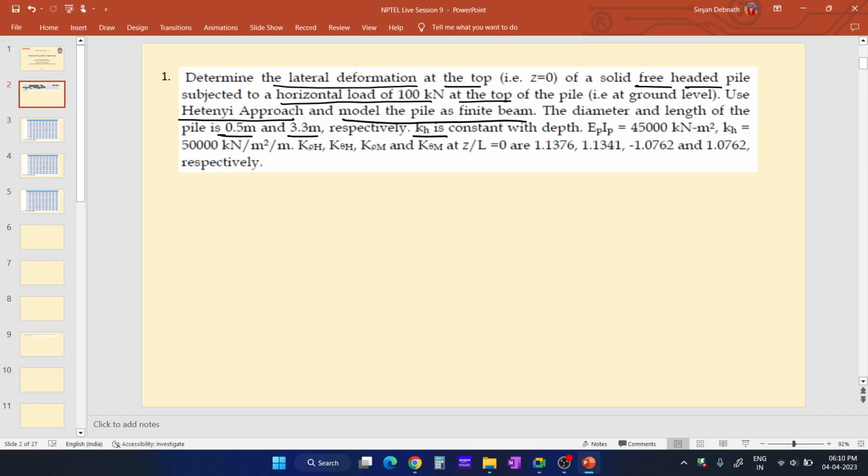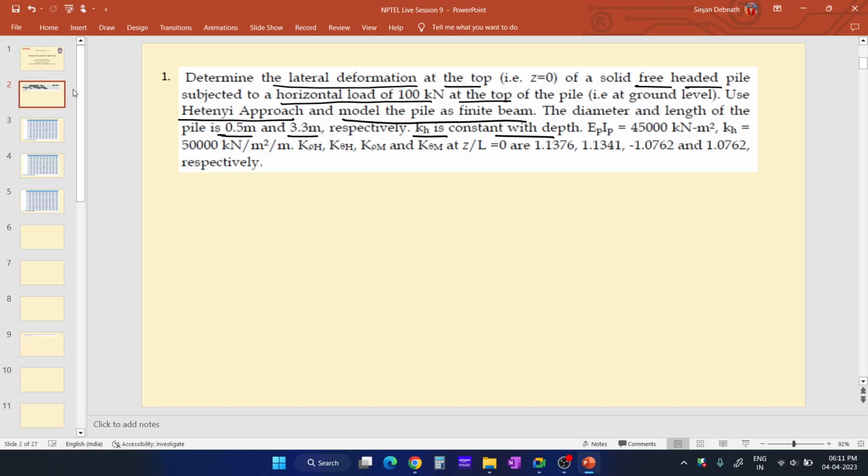Kh is the horizontal subgrade modulus. In the Hetenyi approach, it is constant with depth.